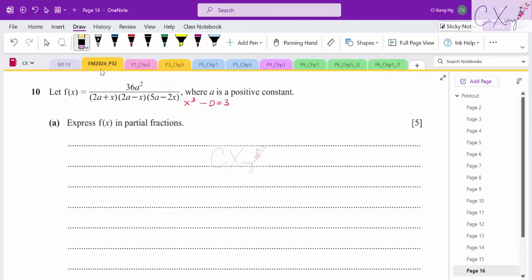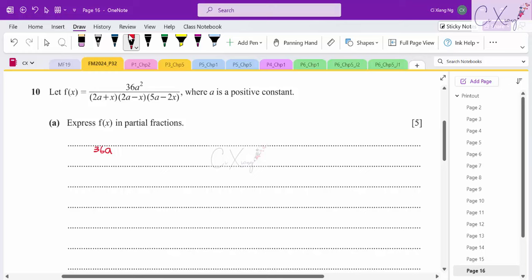When I want to find the partial fraction from the proper fraction, I can directly split it into the partial fraction pattern that I want. I'm having 36a squared divided by 2a plus x, 2a minus x, and also 5a minus 2x.